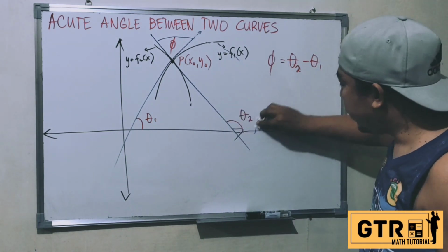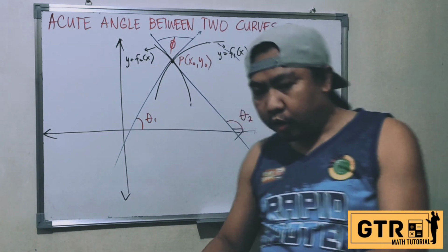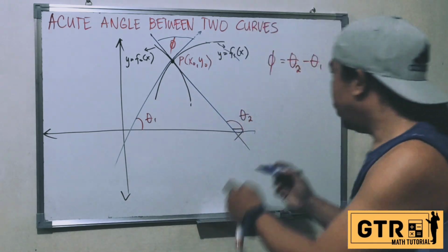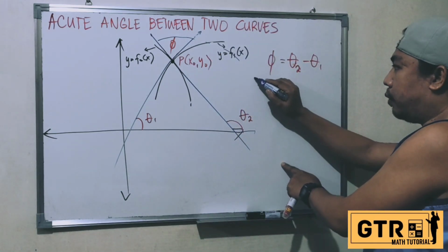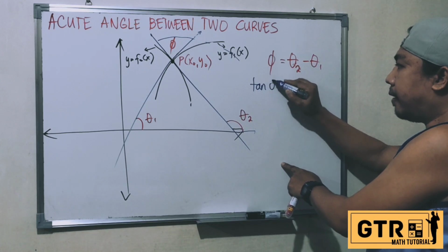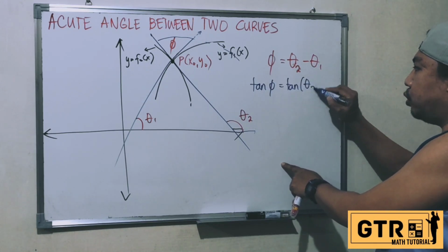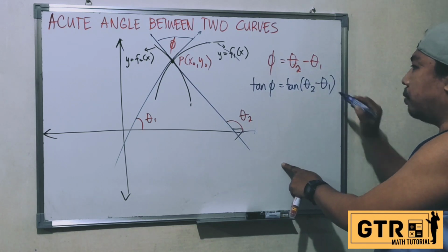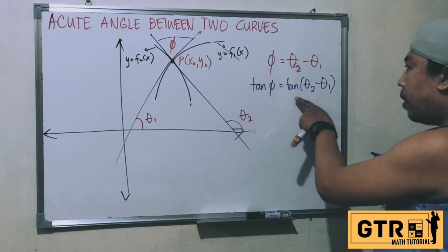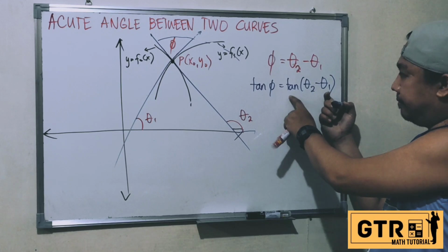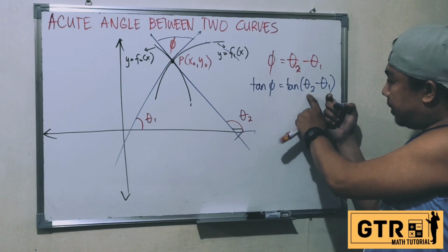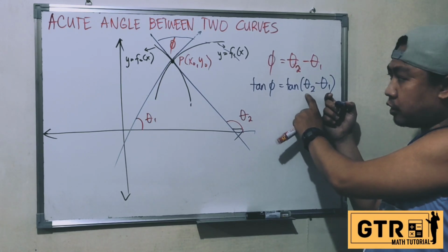Then we take the tangent of both sides of the equation. So we have tangent P is equal to tangent of theta sub 2 minus theta sub 1. Then we apply the identity for the tangent of the difference of two angles.